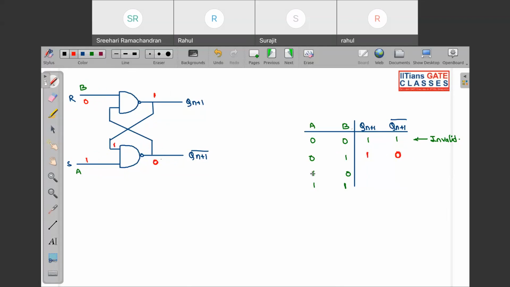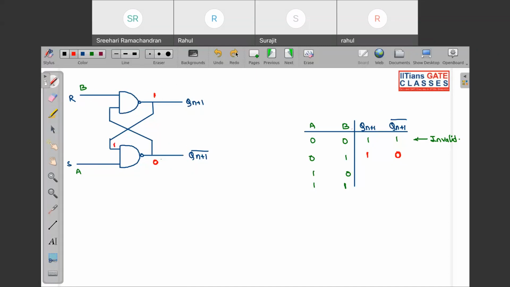Now look over here, when you apply 1 at A and 0 at B, what will happen? If this is 0, this will be 1. Have I made some mistake in the last case? This was 0, this was 1.